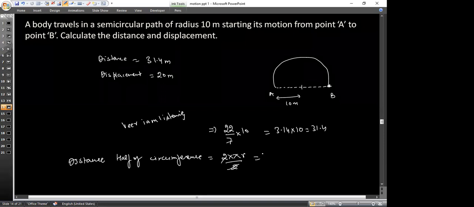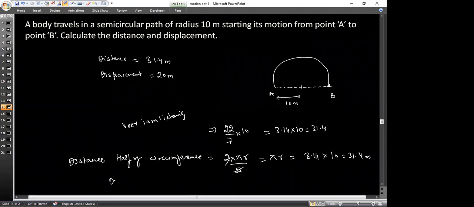You can cancel out the 2. This will be pi r, and that will be equivalent to 3.14 into 10. That will be 31.4 meter. So this is actually the distance.